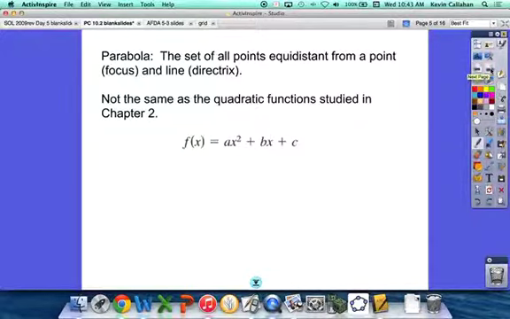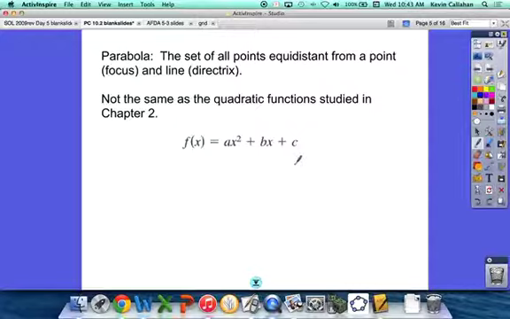Right, now, a parabola, besides being the graph of a quadratic function, which it is, when we studied this stuff in chapter 2, that was the standard form for a quadratic, and the shape of the graph was a quadratic function. A quadratic function means that it has the shape of a parabola and it's a function.